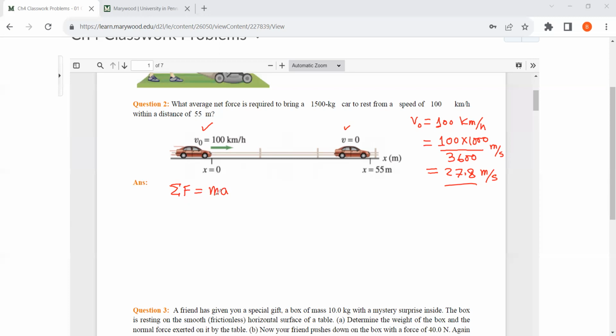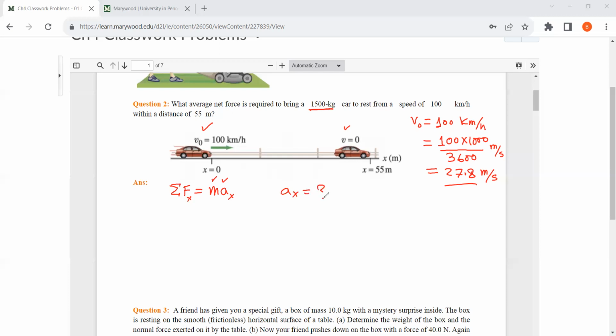Here all the forces are along the x-axis, so you can either write this or not, because the only component we have is the x component. To calculate F, we need the mass and acceleration. Mass is 1500 kilogram, so we first have to calculate the acceleration.